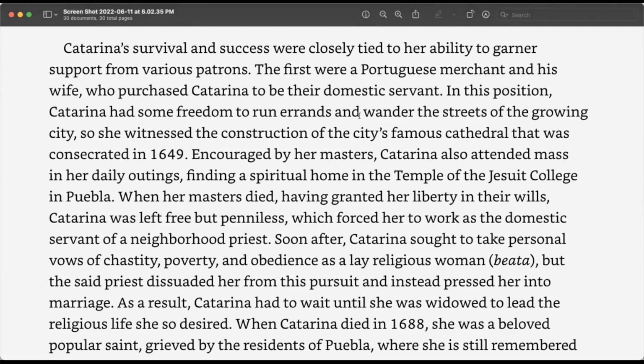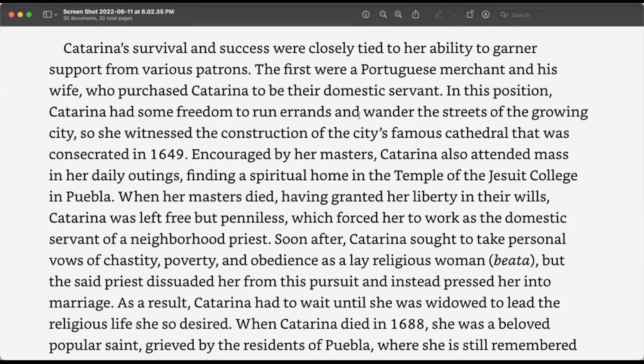Her first were a Portuguese merchant. Like I said, merchant, there you go, Portuguese merchants. Who's the merchants? You guys already know if you've been following me. And his wife, who purchased Katarina. These are so-called Negro people too. These Portuguese merchants and his wife purchased Katarina to be their domestic servant.